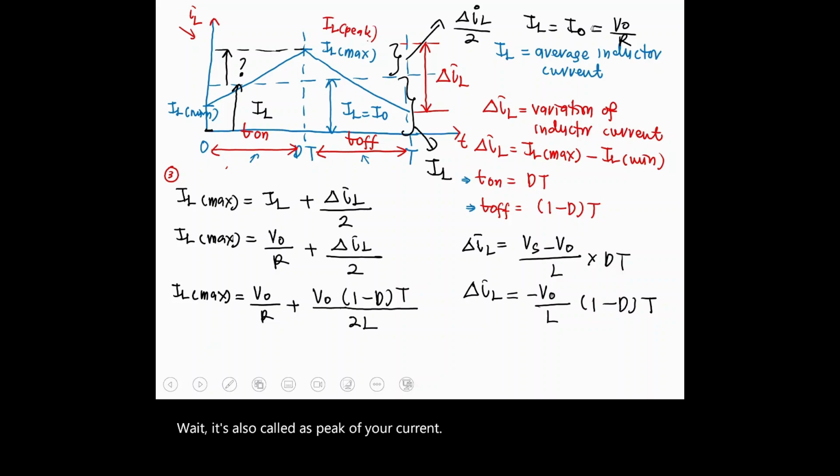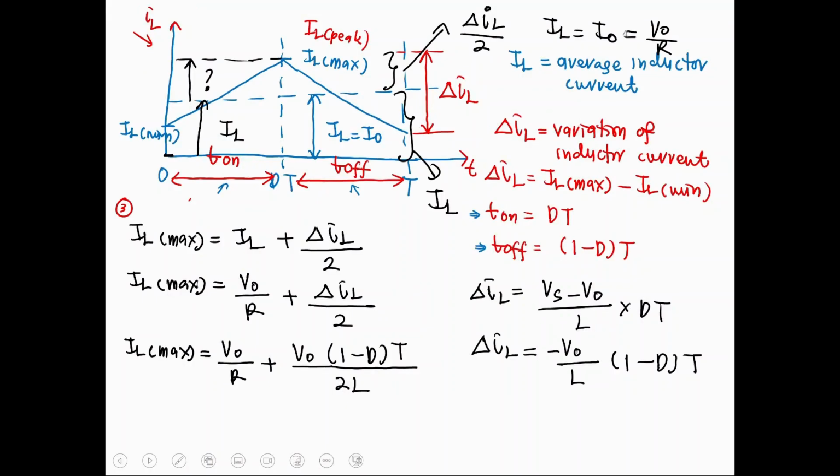If the question mentions that the peak of your inductor current is equal to a certain value, that means your peak is actually your maximum current. Peak is the maximum point, in this case of current. If you are looking at a voltage waveform, it will be the peak of your voltage.